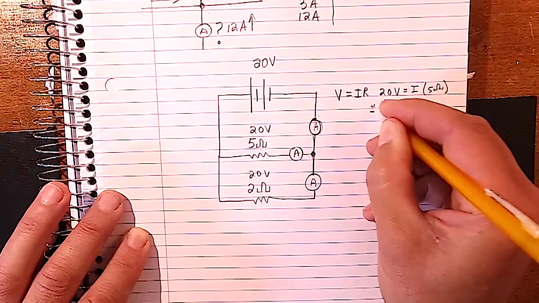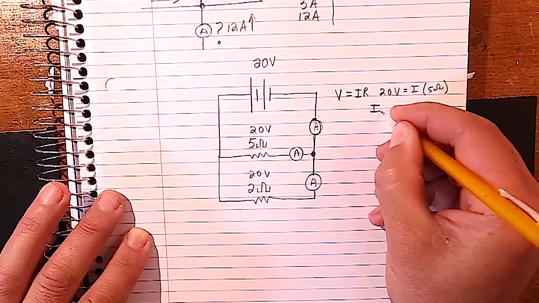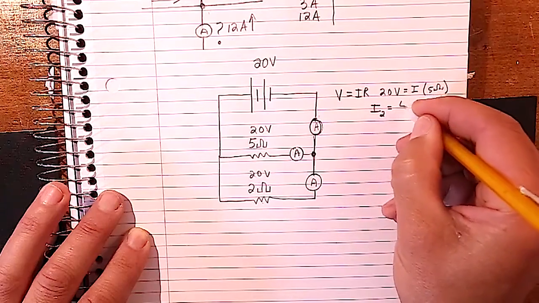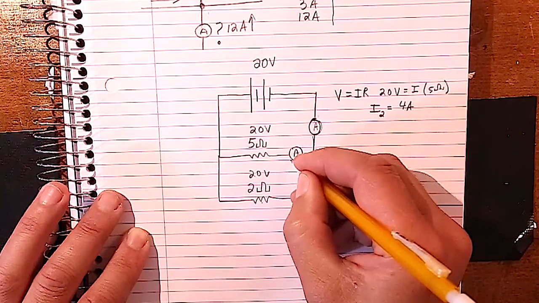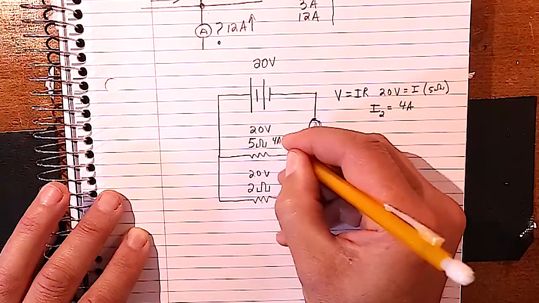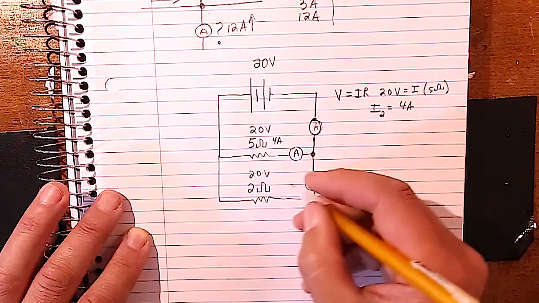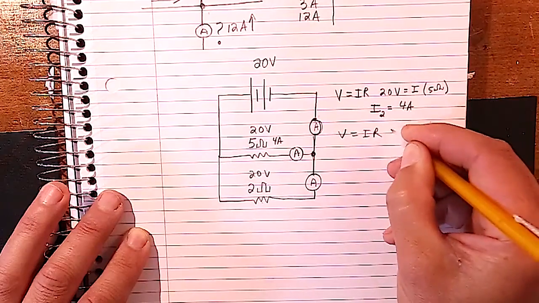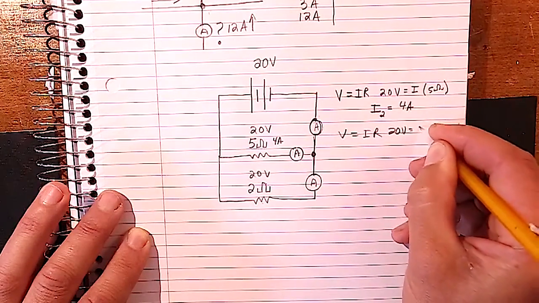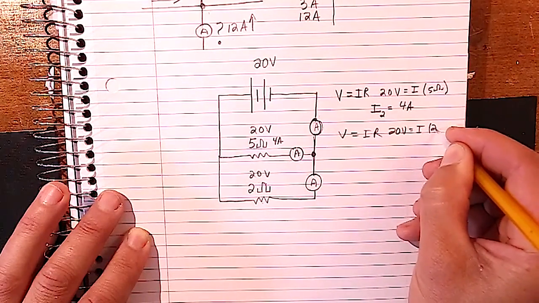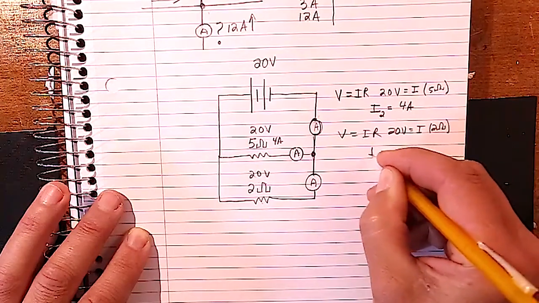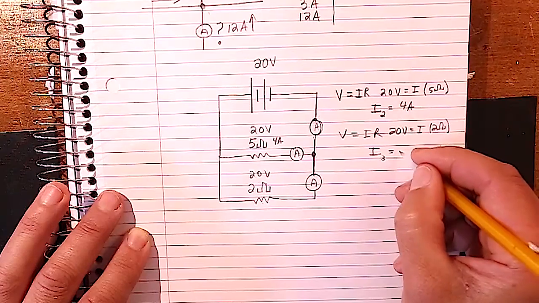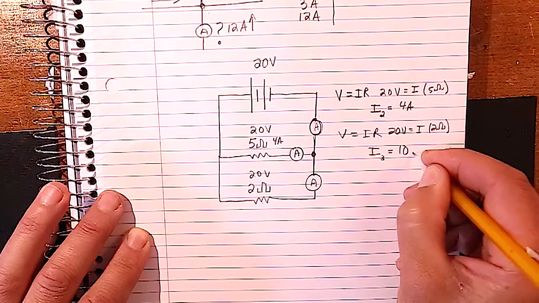So we know that our current, we'll call that I2, is equal to 4 amps. So that's the reading right there, 4 amps. And then to get it for this one, we can do V equals IR again. This time it's 20 volts equals I times 2 ohms. So our current, we'll call I3, is going to be equal to 10 amps.